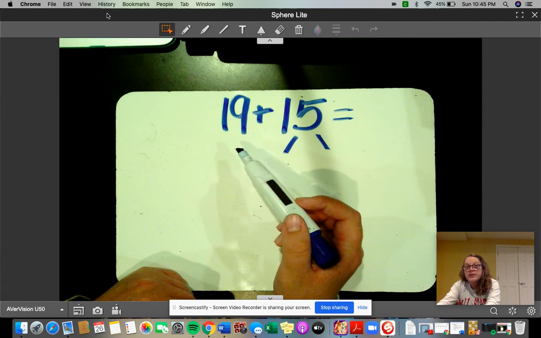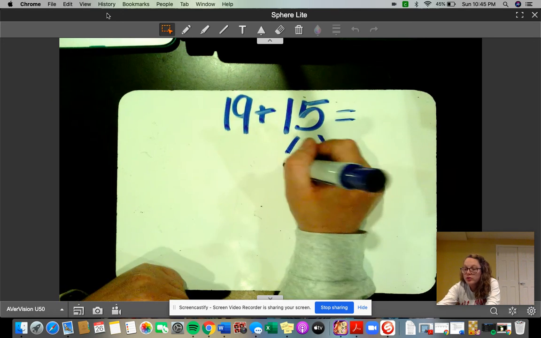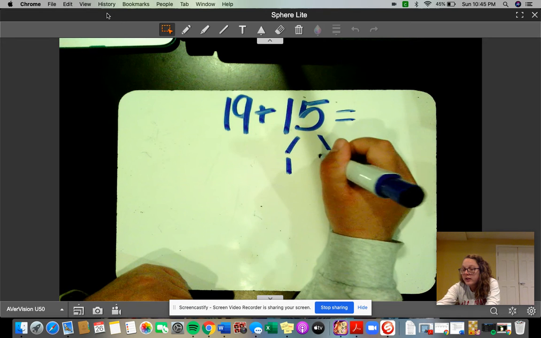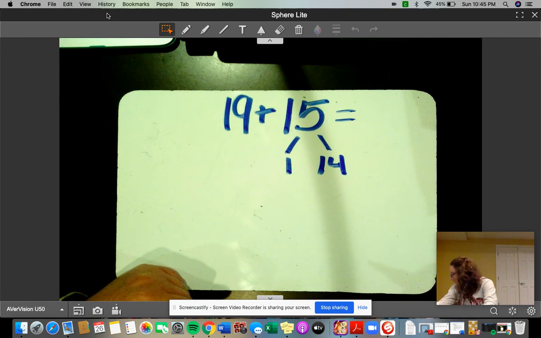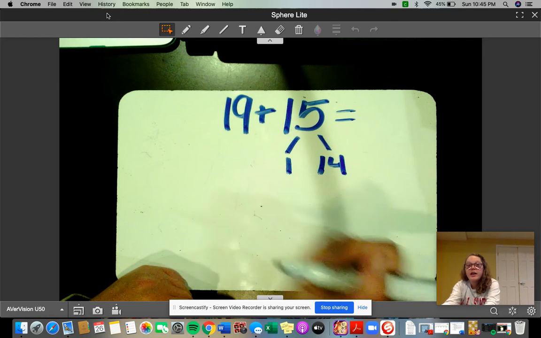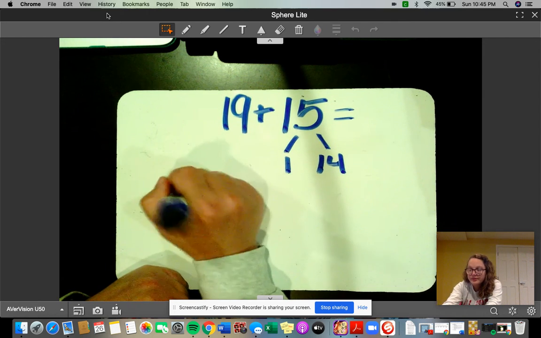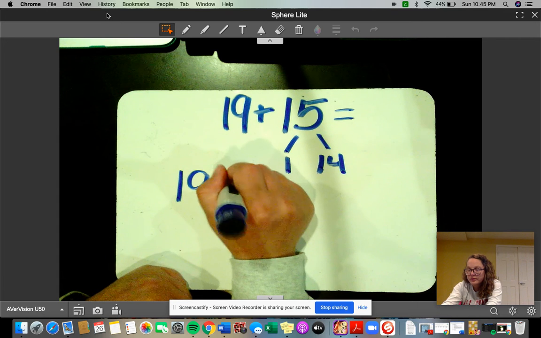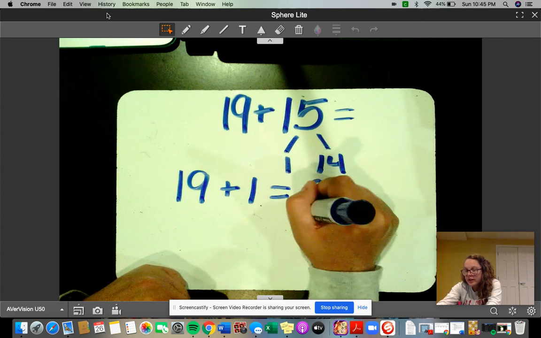So instead of choosing 10 and 5, I could choose 1 and 14. That's another way that I could go about it. And then when I go to make my number sentences, I can do 19 plus 1. And I know that 19 plus 1 is going to be 20.